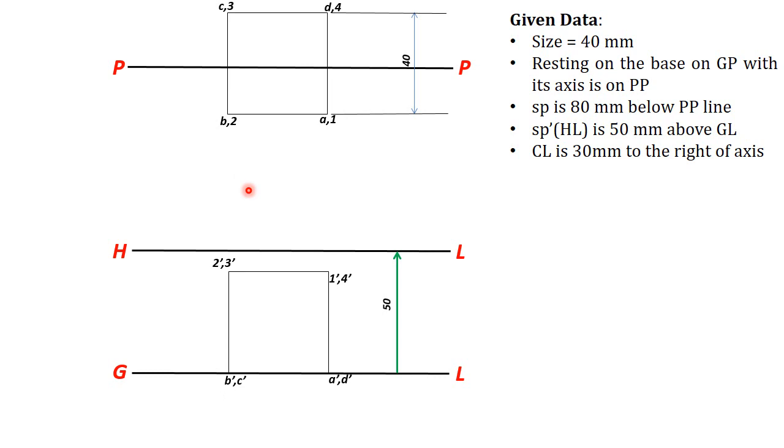Now you can draw the corresponding front view. Here I have taken A, B, C, D as the bottom base and 1, 2, 3, 4 as the top base.